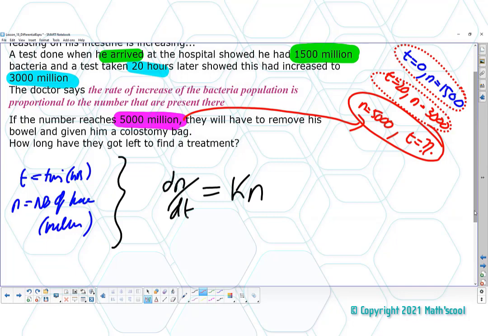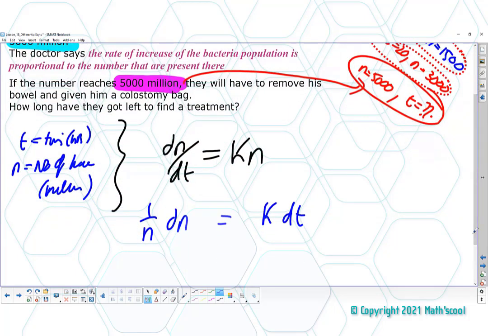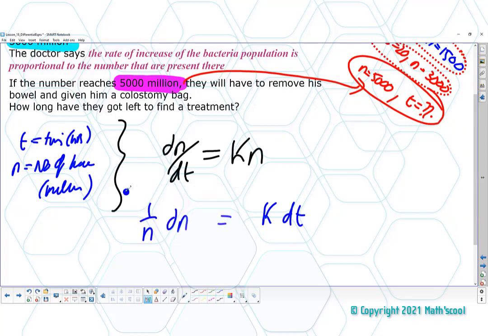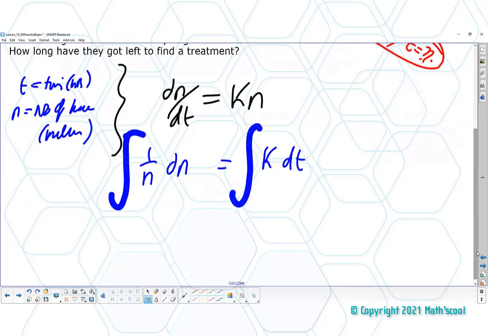We can solve our differential equation. We can separate the variables. So 1 over n dn equals k dt. Separate the variables and then integrate both sides. So let's put a big integral sign in front of each side. And then now we're ready to integrate it.